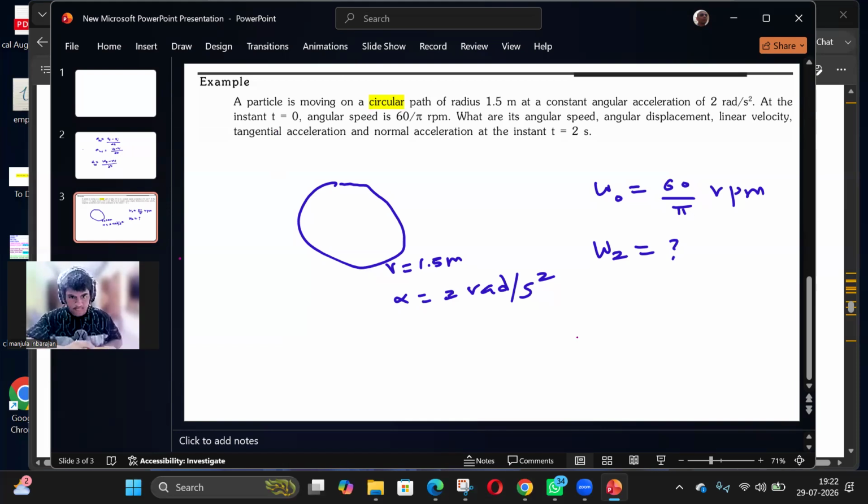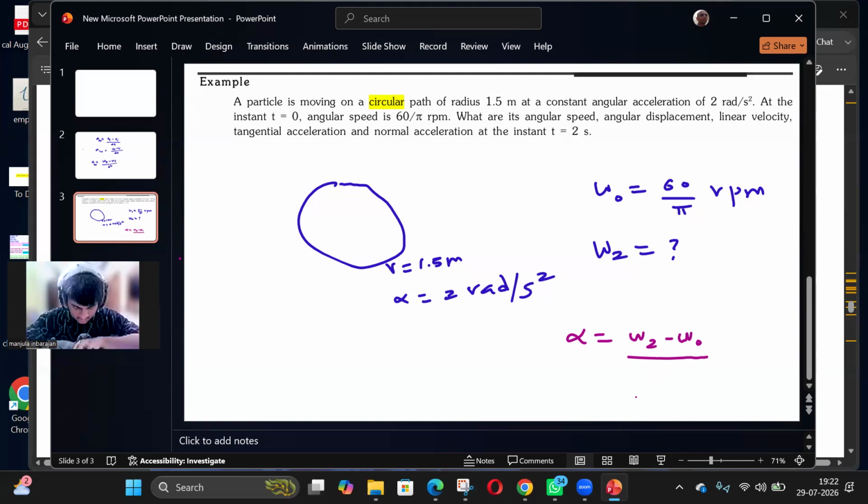How do you do it? Definition of alpha. What is the time interval between these two? 1 second, 2 seconds, 3 seconds. How much is the time interval?